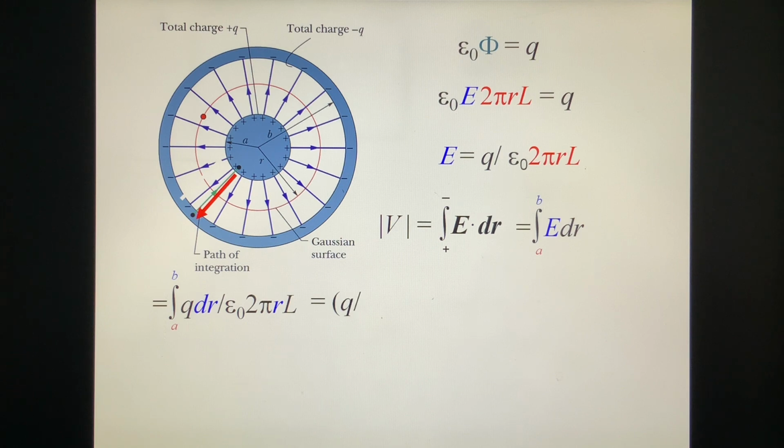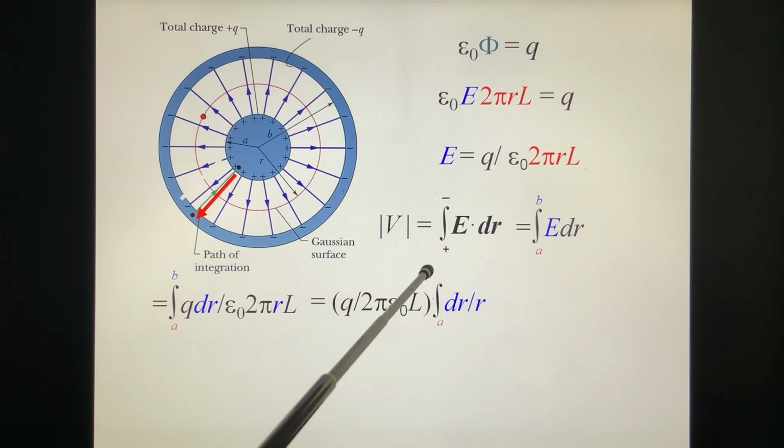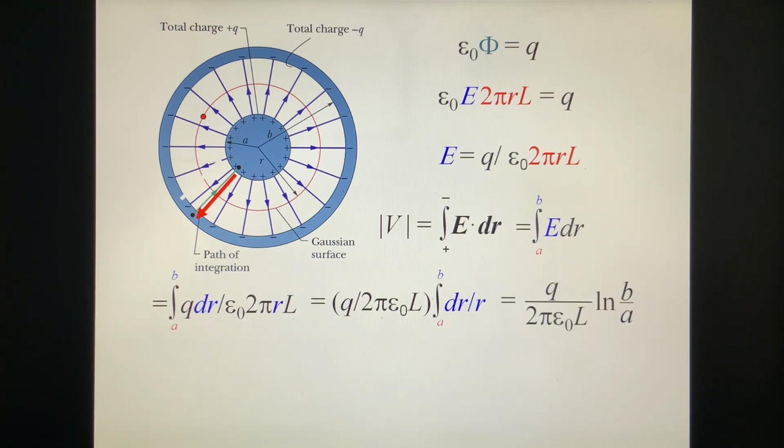Then we take the constant out, Q over epsilon 0 2 pi L, times the integration of dr over r from a to b. This is a log. So finally we get V equals Q over 2 pi epsilon 0 L times log of b over a.